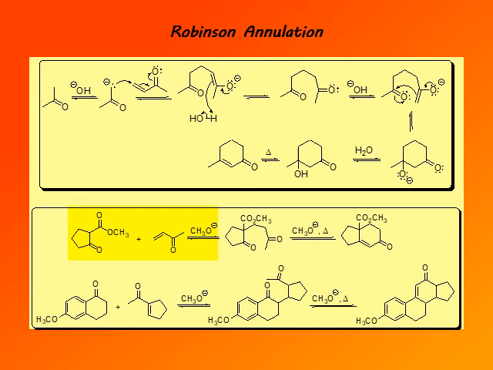Deprotonation, of course, deprotonates the carbon between the two carbonyl groups, and then addition to carbon 4 results in formation of this rather complex diketoester. And then in the second step, a 6-membered ring is closed.